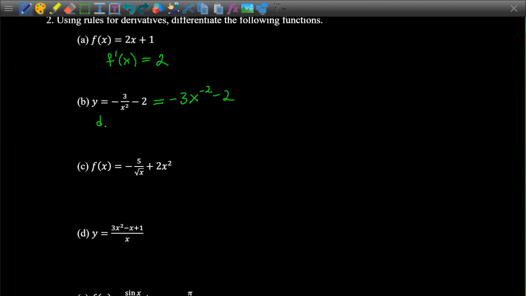So using the right notation, either y prime or dy dx in this case, the derivative of minus 3x to the minus 2, well, I take this minus 2, multiply it by the coefficient that's there in front of the variable. So it's going to be positive 6, and then subtract 1 from the exponent. So that would be minus 3. And then the derivative of minus 2 there is just a constant. So the derivative is 0.